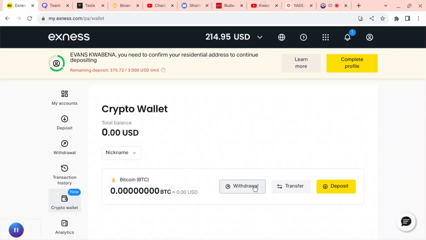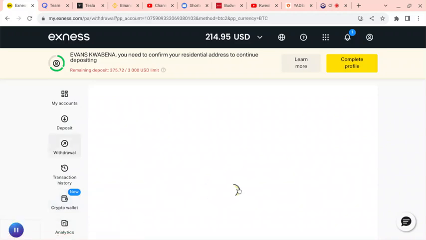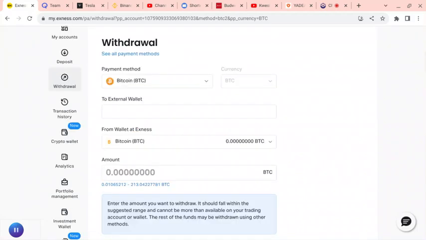So if you want to withdraw your money from your BTC account, this is how you go. You go to withdrawal. Then the wallet you want to receive the money in, you go to that platform and copy the wallet, or if you want to send to someone, that person will send you his BTC wallet.